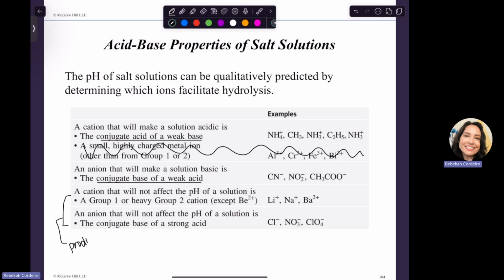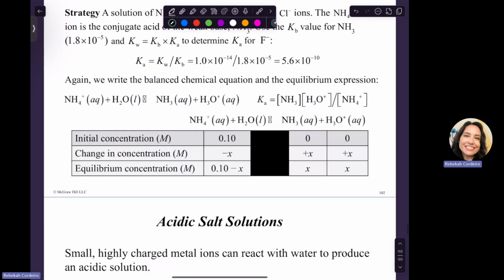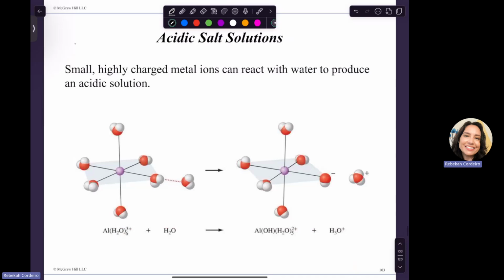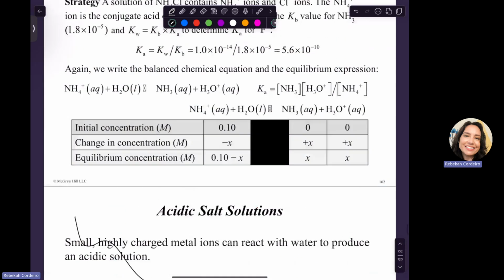Products of strong acid-base dissociations. So when you break apart a strong acid or base, whatever you get is neutral because it can't go back and be an acid or base. So here is again, don't worry about this one. It's true, but we don't need to worry about this on a test.